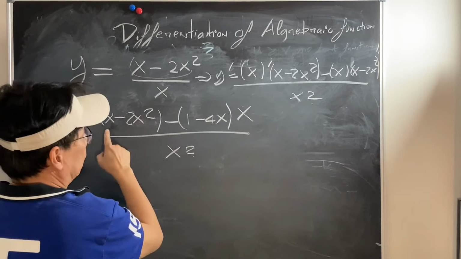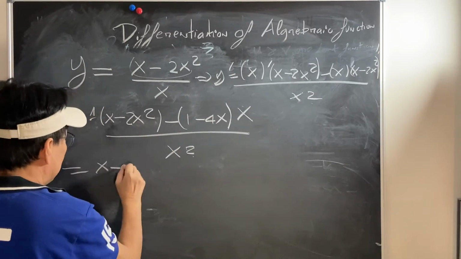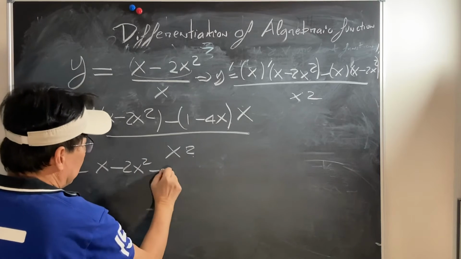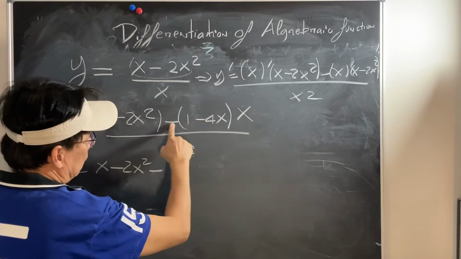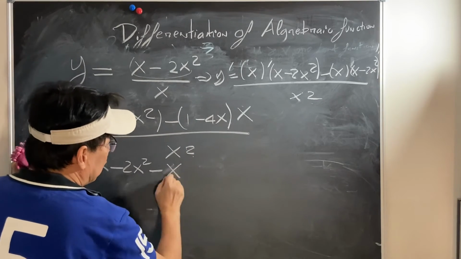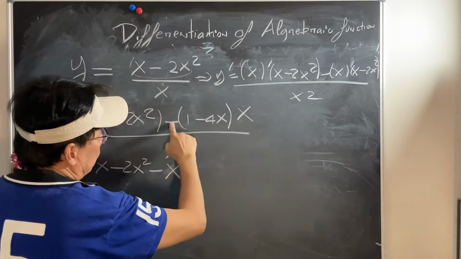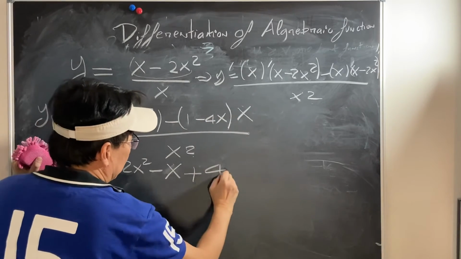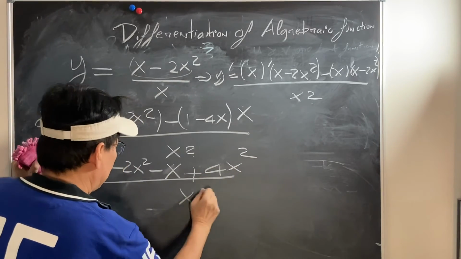Okay, so we have this one, and simplify it: you have x minus 2x squared minus, okay, x times 1 minus 4x times x is minus x plus 4x squared, divided by x squared.